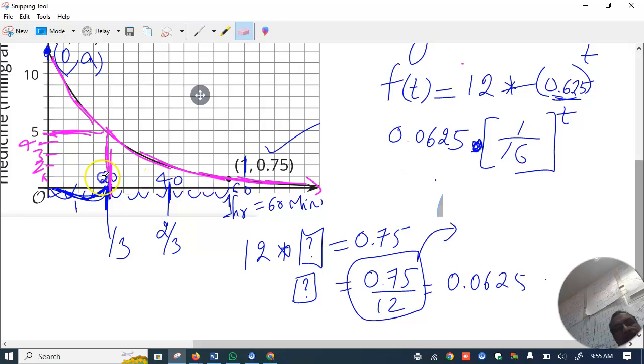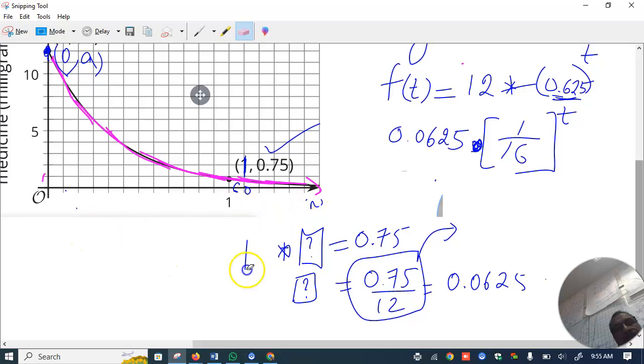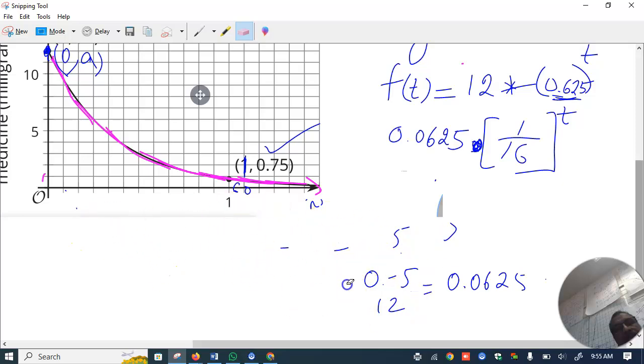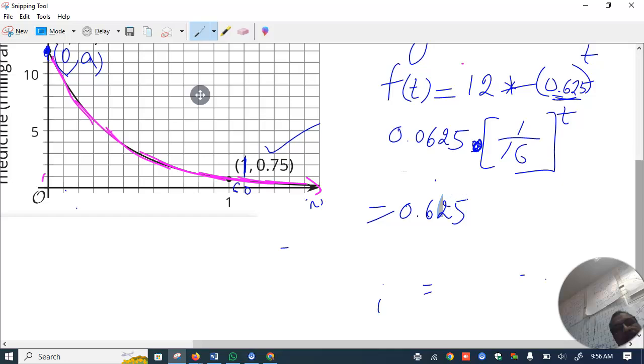Another way to check: what does that basically mean? 1 over 16 is the same as writing 0.0625, and it's half raised to 4. So when t equals 1, let's see.